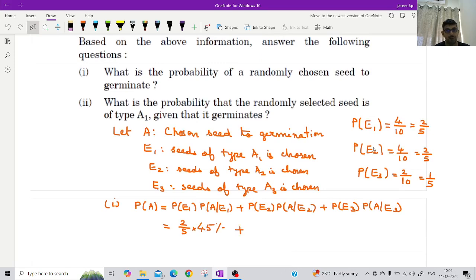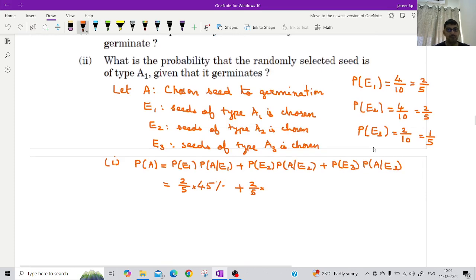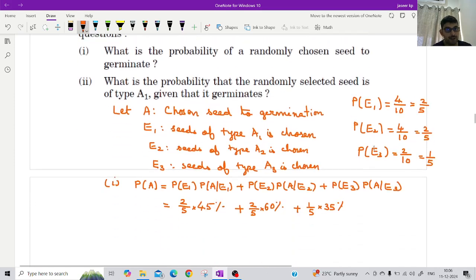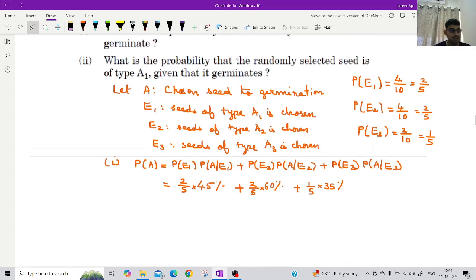P of E2 is 2/5 into the percentage, which is 60%, plus 1/5 into 35%. So once you simplify this, the answer will come as 49/100. 49/100 is the answer for the first one.